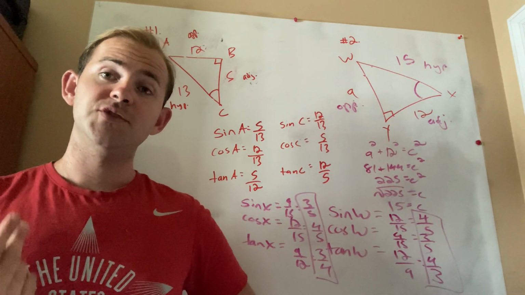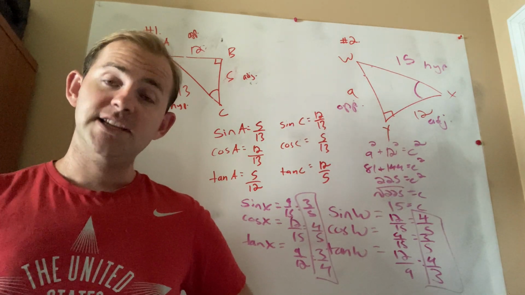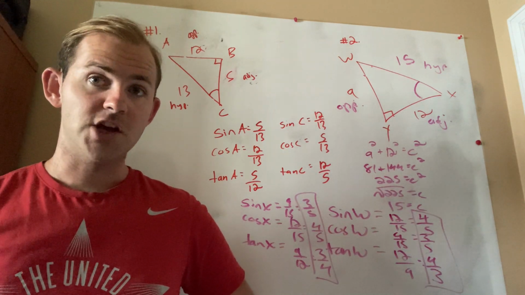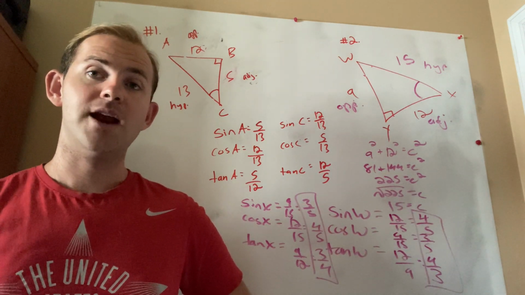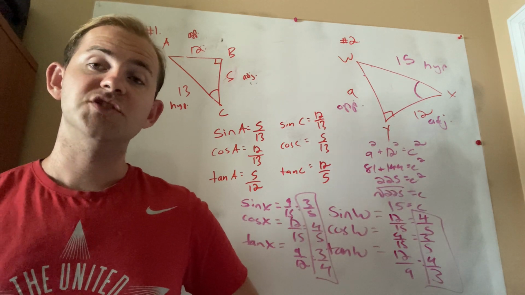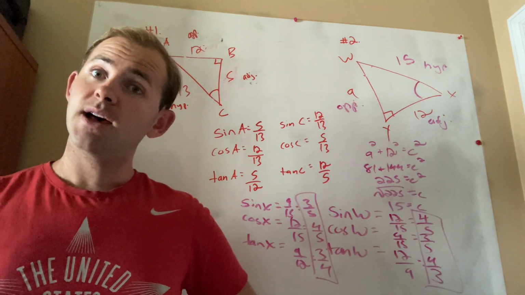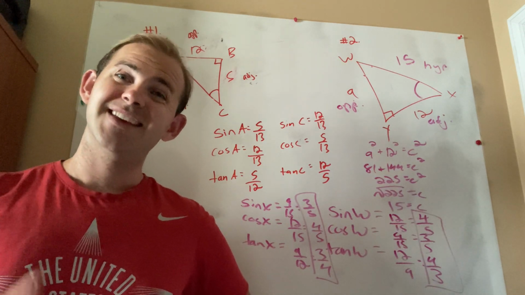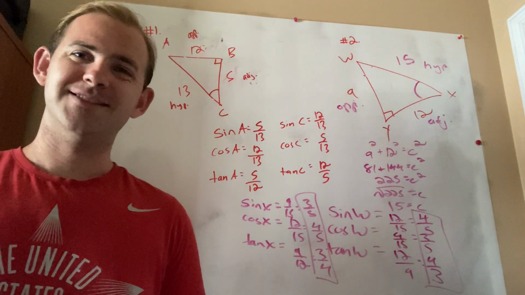Non-negotiable number two is you must label. Label the opposite first. Then label the hypotenuse, you'll know it because it's always across from the right angle, and the one left over is your adjacent. If you combine memorizing the ratios with labeling, you really can't go wrong on this.